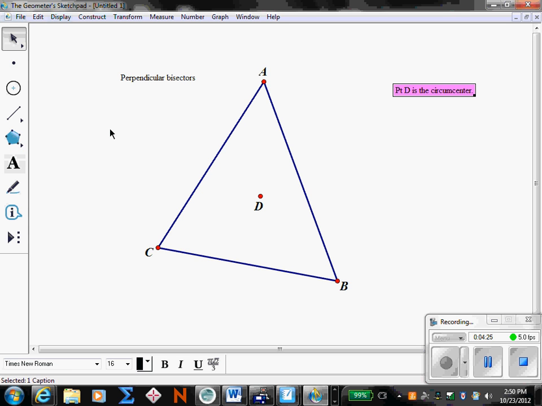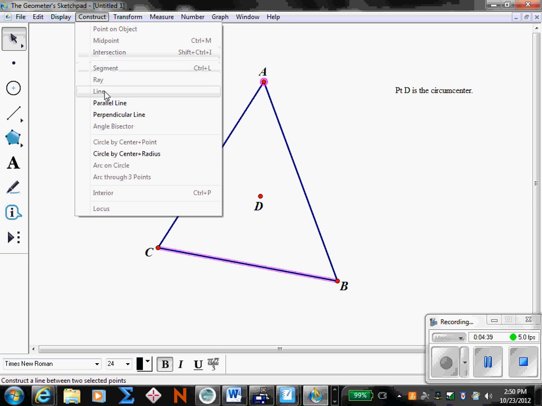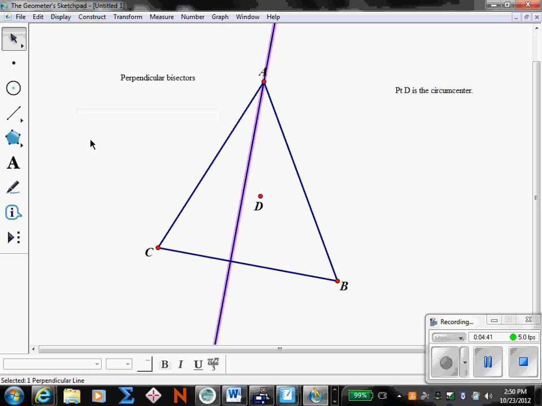Okay, so now I want to make altitudes. If I highlight a vertex in the side opposite, it will make an altitude. Remember that if your triangle is obtuse, it may be on the outside of the triangle.